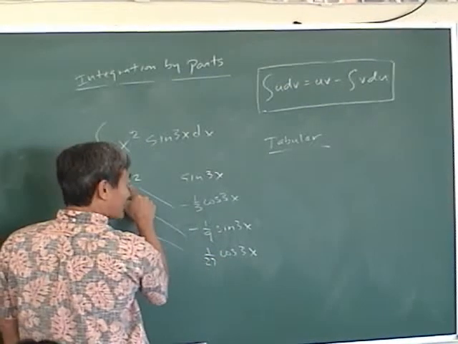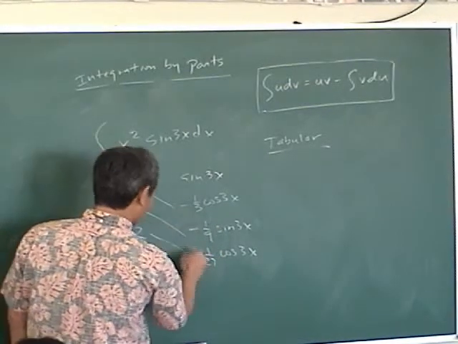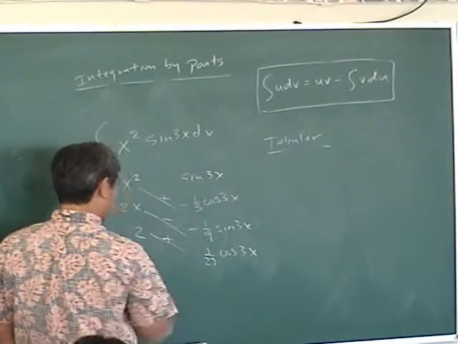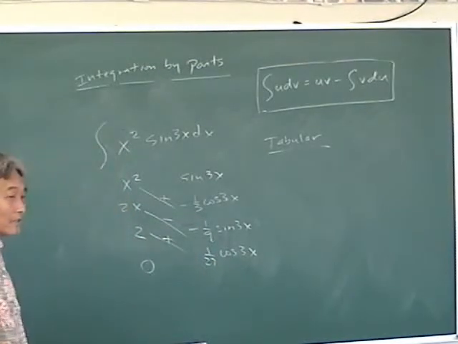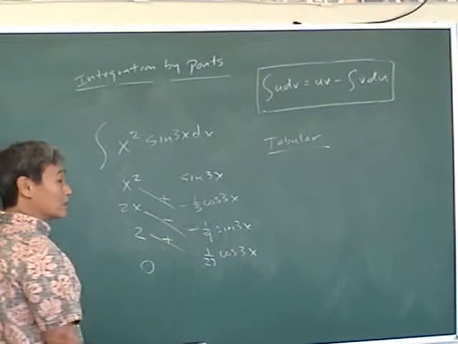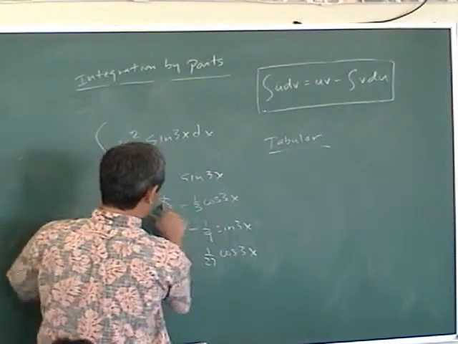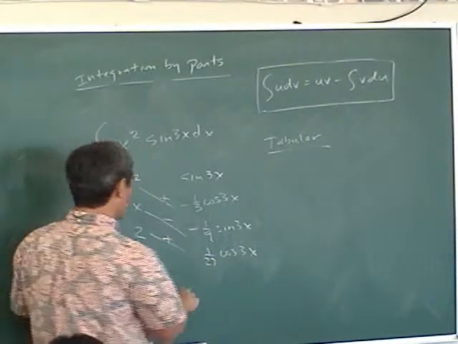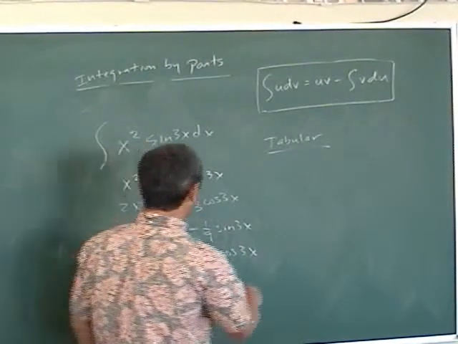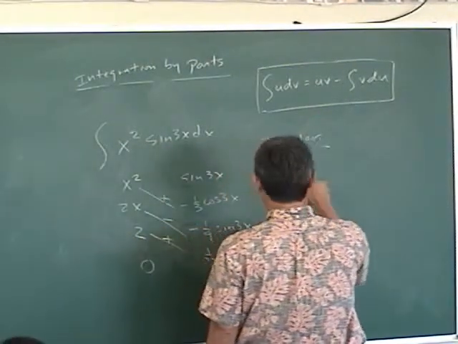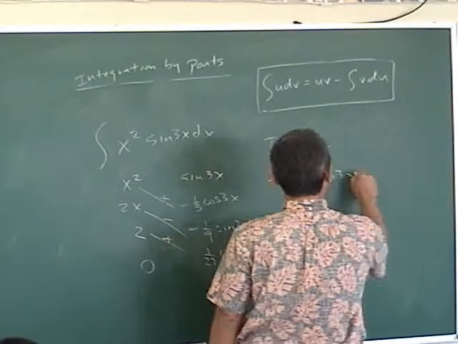So watch what I do. Starting from this upper one, you come down like this. And then plus, minus, plus. You always alternate the signs. Once you do this, you can write the answer. So the answer is going to be this times positive 1. That's the first term. What is this times positive 1? That's the first term.